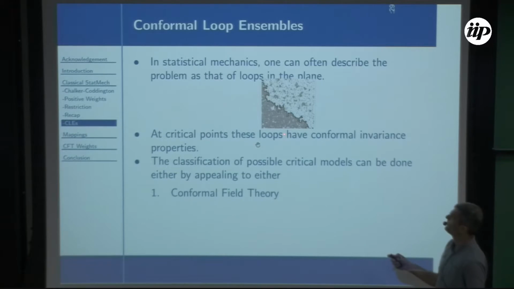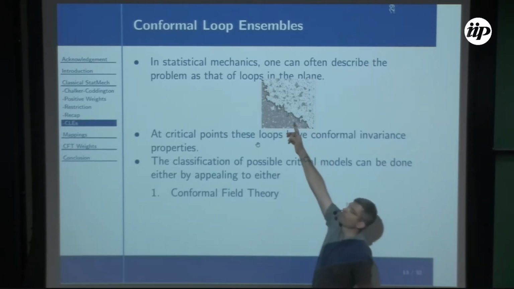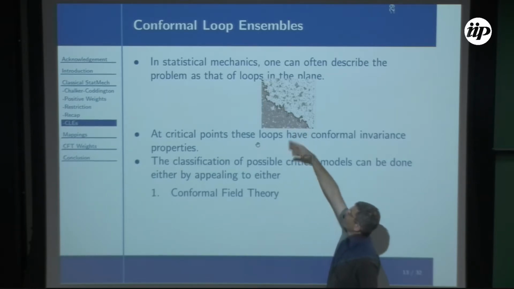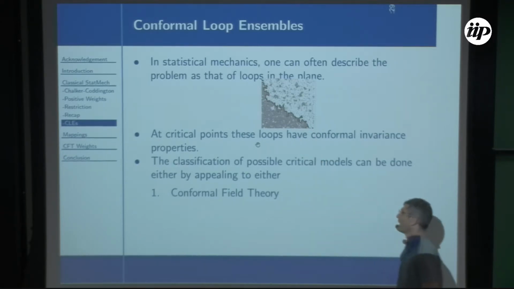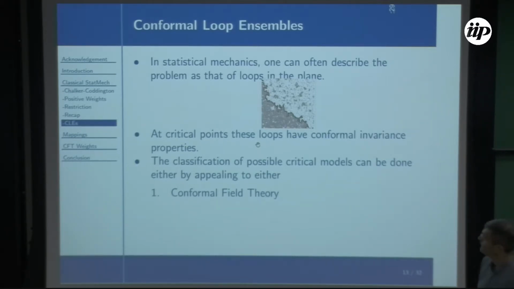So in conformal field theory, we have these local operators as fields, and we know how to compute their correlation functions. But we can also ask questions about stuff like the fractal dimensions of this curve, all sorts of other fractal sets that are hiding in here. And this can be attacked with conformal field theory using quantum gravity, all sorts of tricks, which are quite complicated.